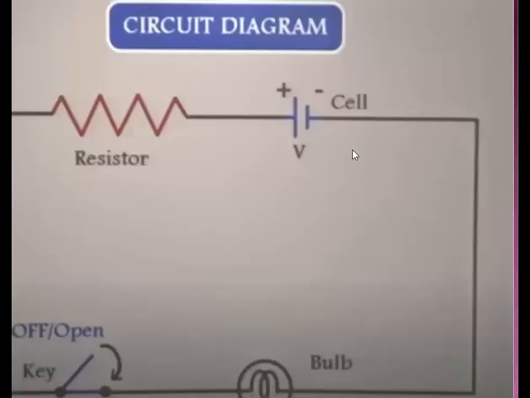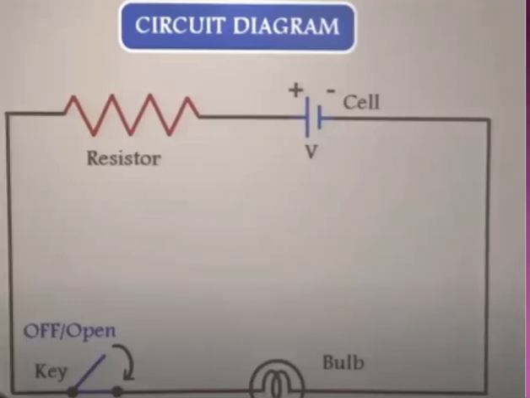In this simplified circuit diagram, you will notice that we had earlier seen it in a much more elaborate way. When we incorporate various conventions or symbols for the different elements in a circuit, drawing the entire circuit diagram becomes very simple. Here we have used the convention for the cell, the resistor, the bulb, as well as the switch.